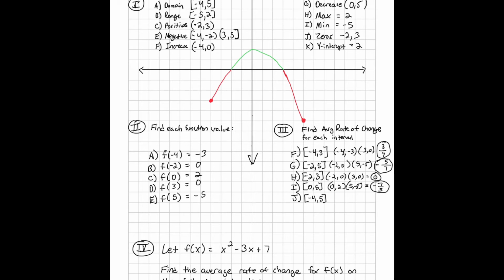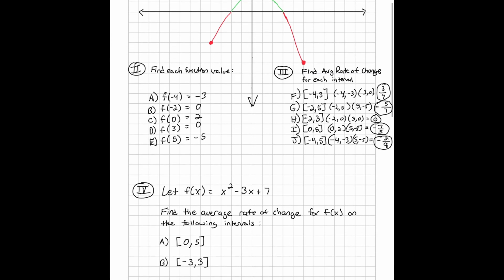And then the last one, you're going from negative 4, negative 3 to 5, negative 5. That's a negative slope. Rise distance is 2. And the run distance is 9. Okay.